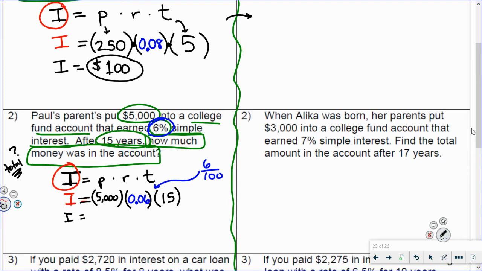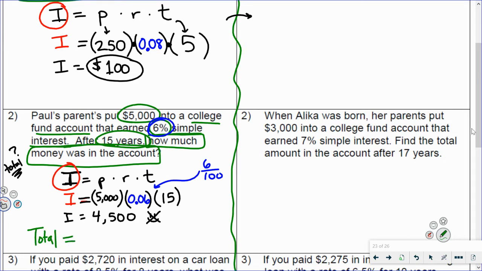Now, I've got to tell you, folks, when you work this out, you will find an interest of $4,500, which is great. But that's not what the question's asking, is it? The question doesn't simply ask how much interest. The question says, look, how much money is in the account, as in the total money.